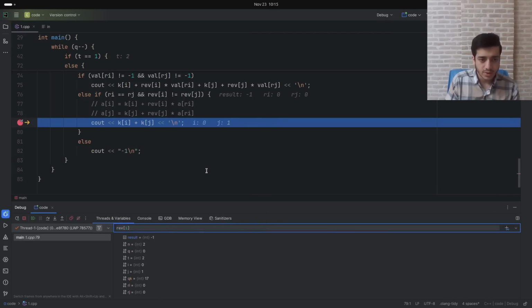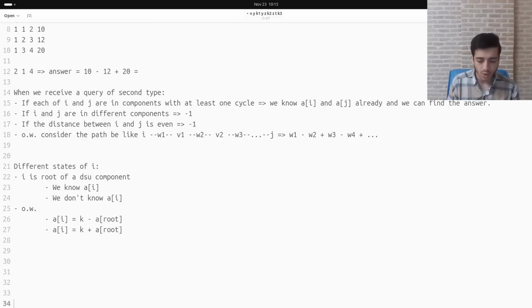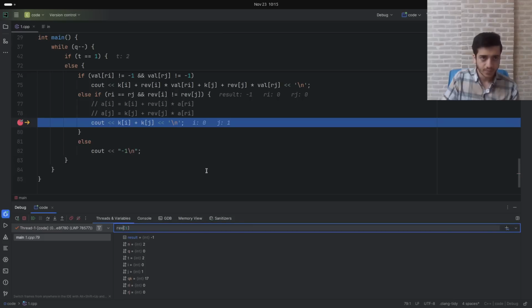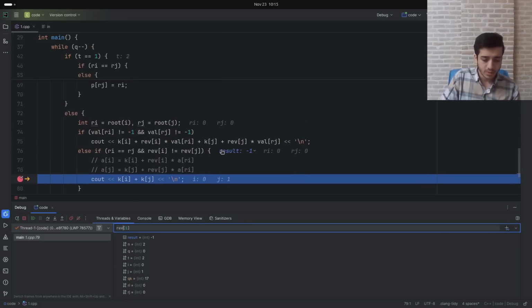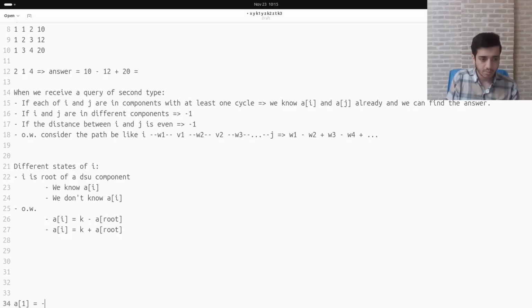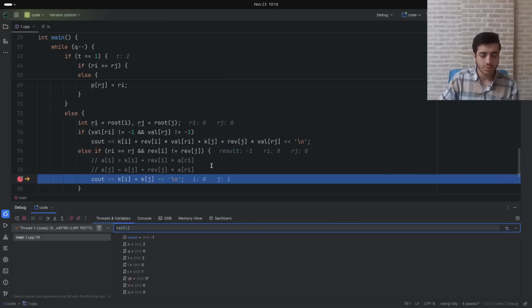It's -1. So it's saying that a of 1 is -17 minus a0. Is that correct? No, it's not, because if you move this to the other side, it should be different, so it's not correct.